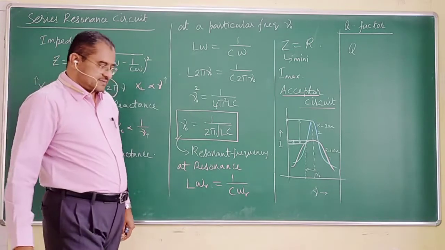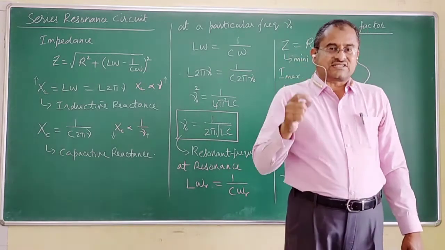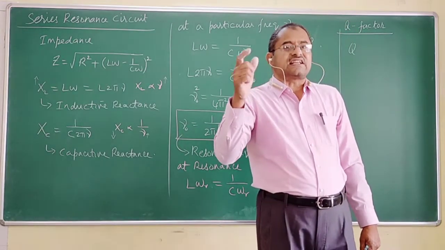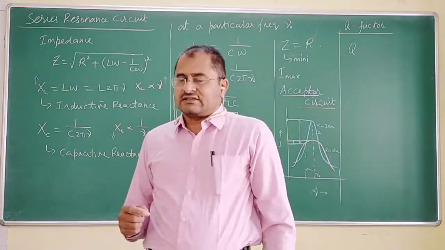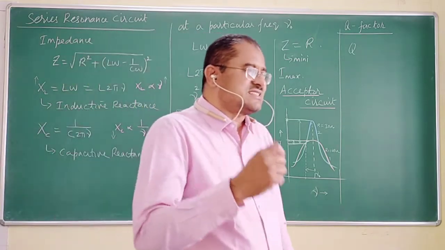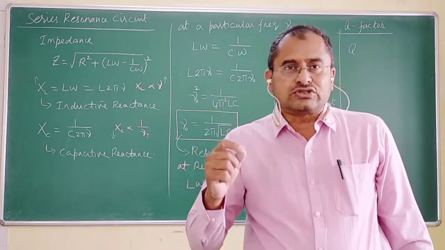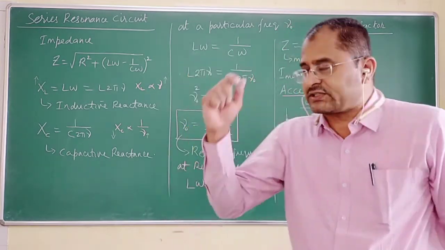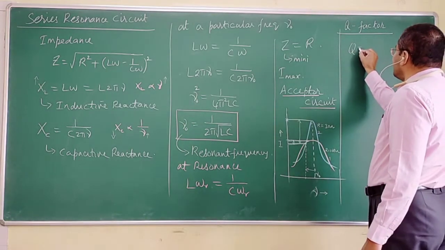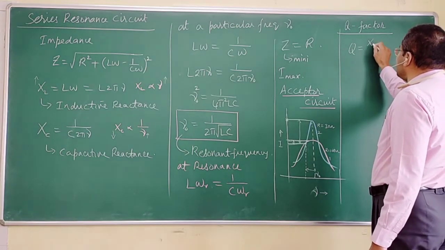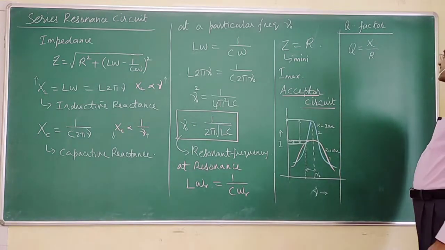It is defined as the ratio of inductive reactance to the resistance of the circuit. If the quality factor is denoted with the letter Q, then according to my definition, it is the ratio of inductive reactance to the resistance of the circuit.